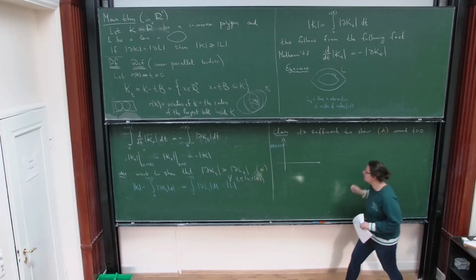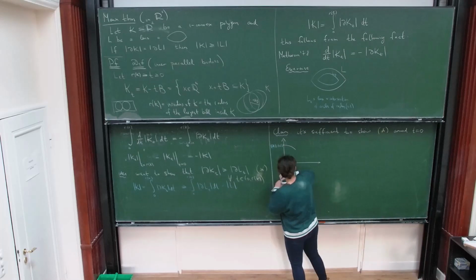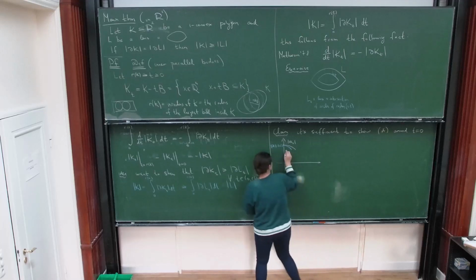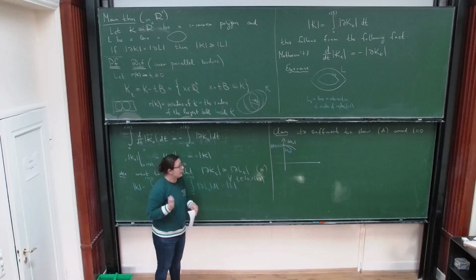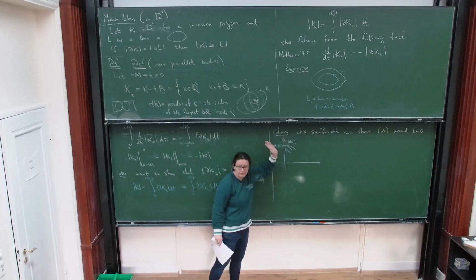So around 0 the function for K, this is my function dK(t), lies above the function for L. If they satisfy this behavior on the entire interval, then we don't have to worry about anything. But let's say that they intersect for the first time somewhere.